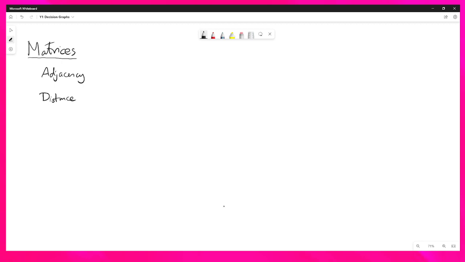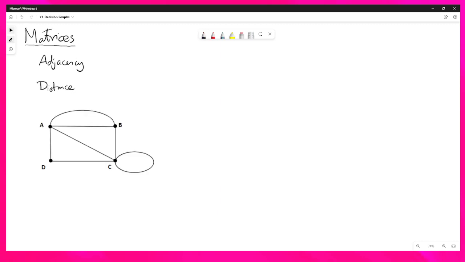The other thing with a distance matrix is this is different to a matrix of shortest distances, which is something that we will use later on in further videos, but it's still got the same ideas. The distance matrix that we're going to look at in this video is just referring to two vertices that are joined together directly. So we're going to jump straight in with some examples and show you what's going on.